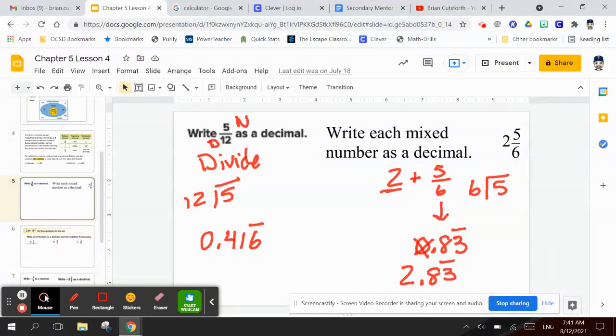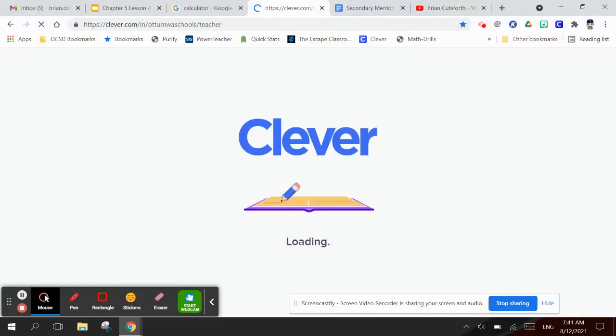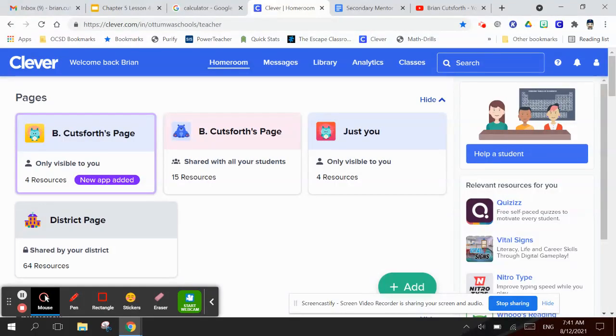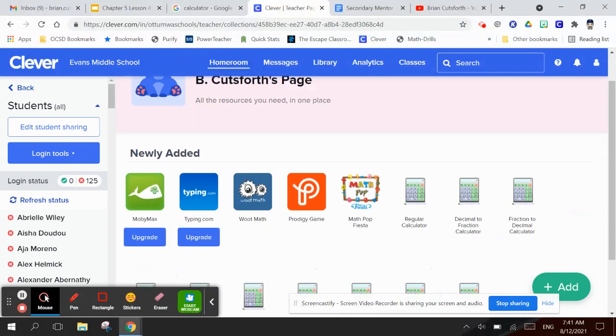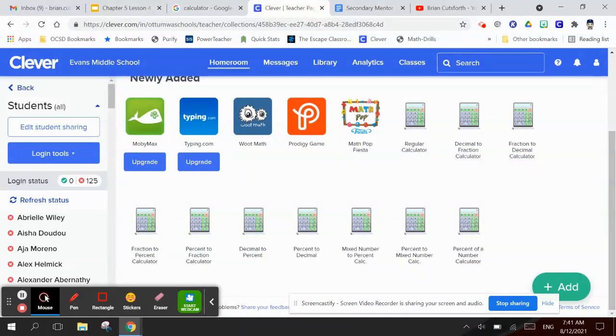Now you can also do this if you go to your Google Clever page. If you go to Clever and you log in and you go to my home page. My home page looks like a blue polar bear. It says Mr. Cutsforth's page. There's my blue polar bear. If I click on that link, I do have calculators here for changing a fraction to a decimal.